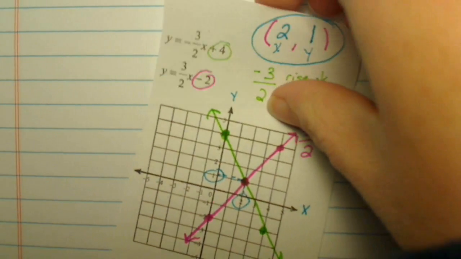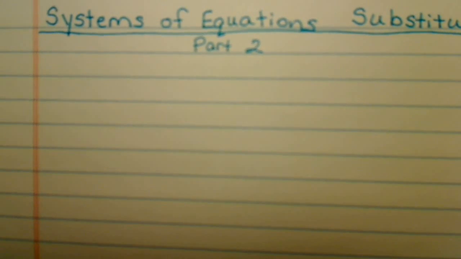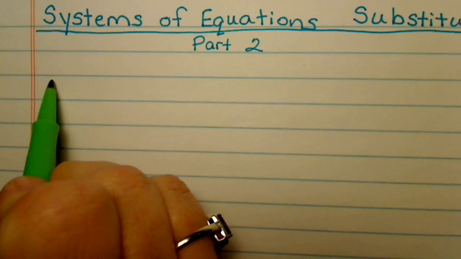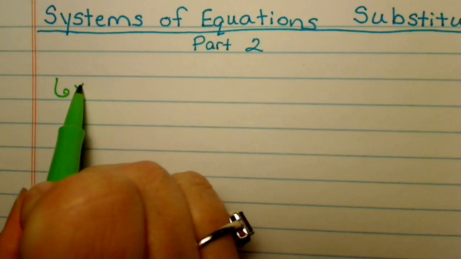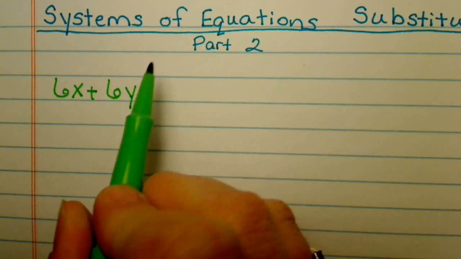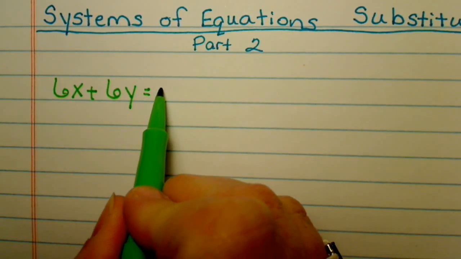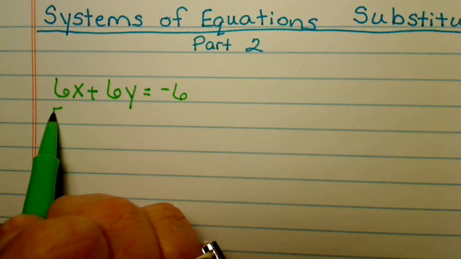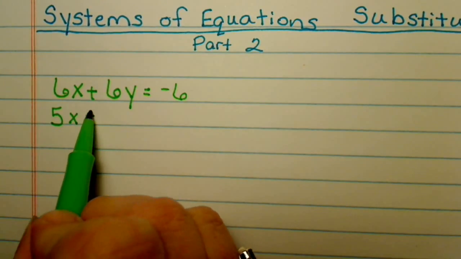Well, now we're going to work on solving one algebraically. And so here is an example of one that we're going to solve with substitution. Like I said before, you're going to have two or more equations. Well, in 8th grade, we're just going to have two.